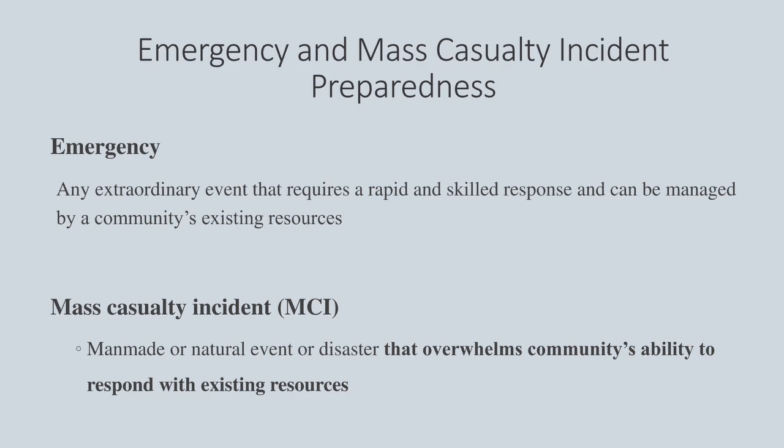So again, an emergency is any extraordinary event that requires a rapid and skilled response that can be managed by a community's existing resources. Like they don't need any outside help. But when a mass casualty incident occurs, this is when an event happens that overwhelms the community's ability to respond with existing resources and they need help.